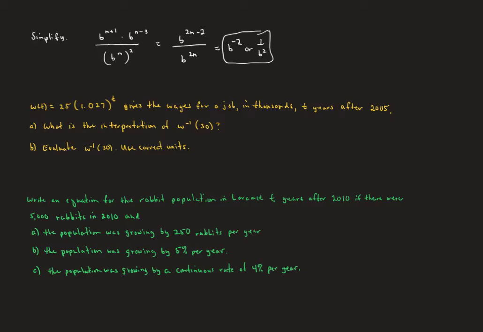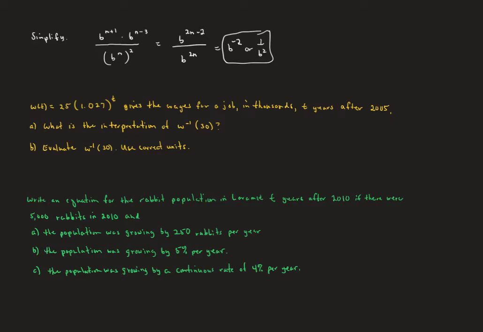So with the next problem, W of t equals 25 times 1.027 to the t gives the wages for a job in thousands, t years after 2005. So what is the interpretation of W inverse of 30?